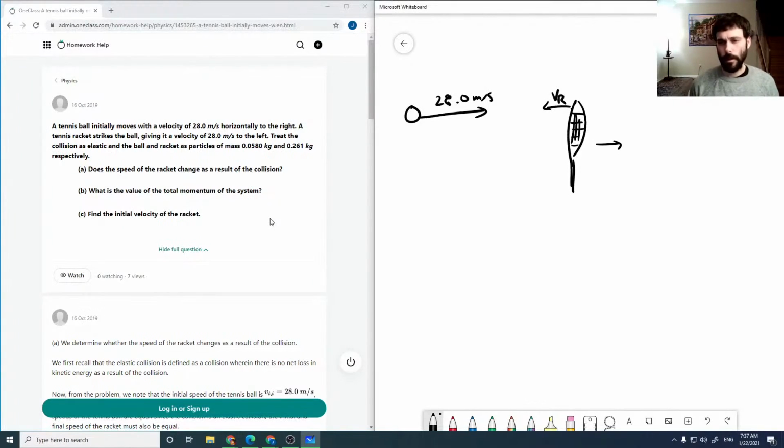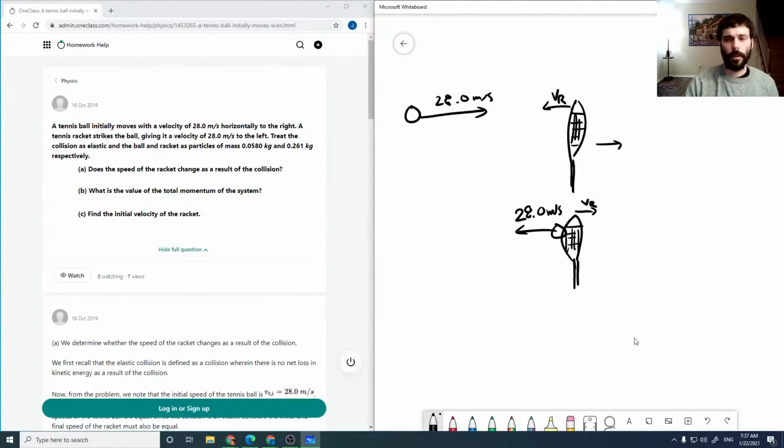I'm actually just going to draw it like this. And the ball is going to leave at 28 meters per second. And then presumably our racket will be forced backwards.